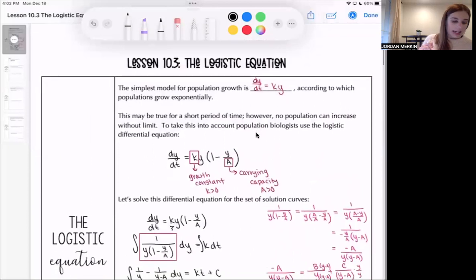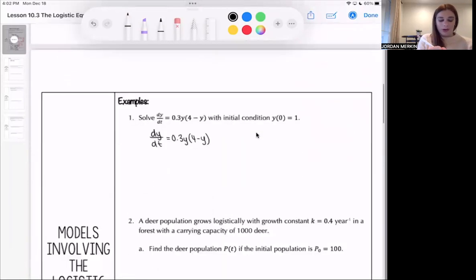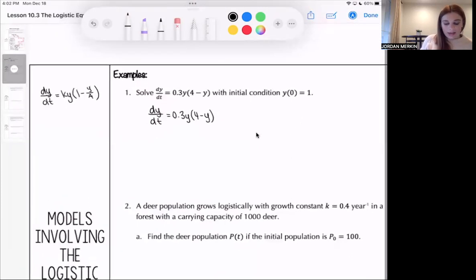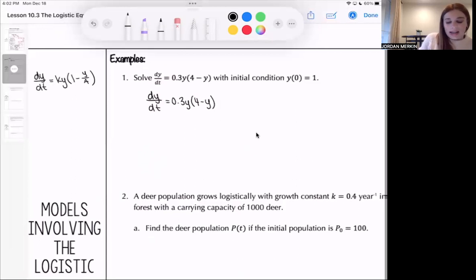With our k times y times 1 minus y over a. I'm going to write that out off to the side. And let's see if we can rewrite this so that we get it in this form.